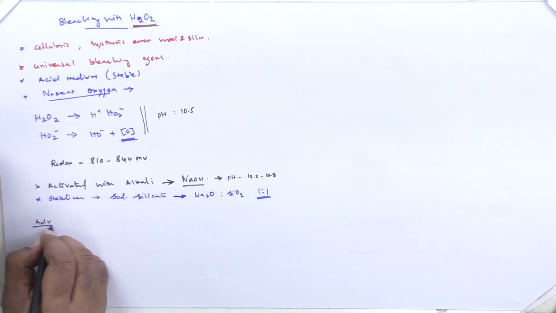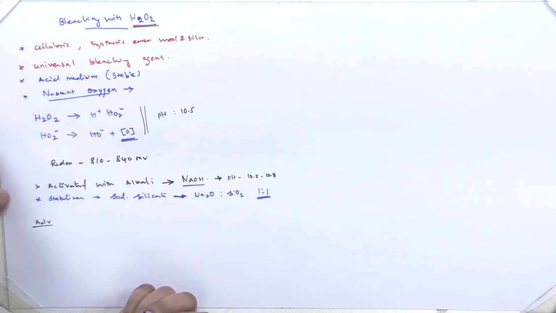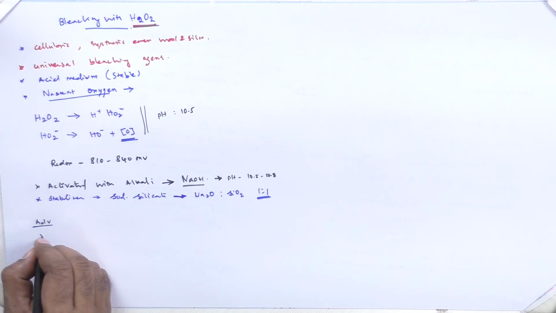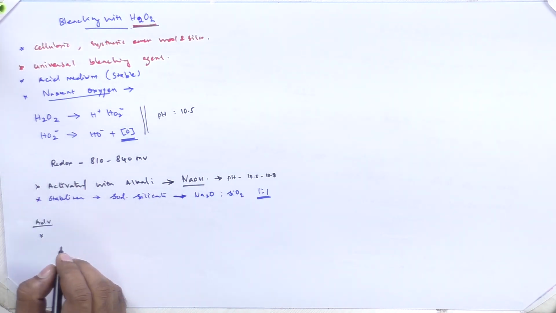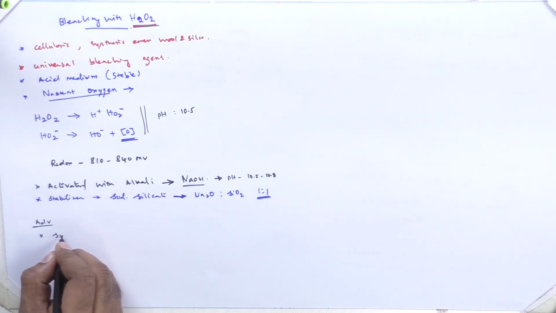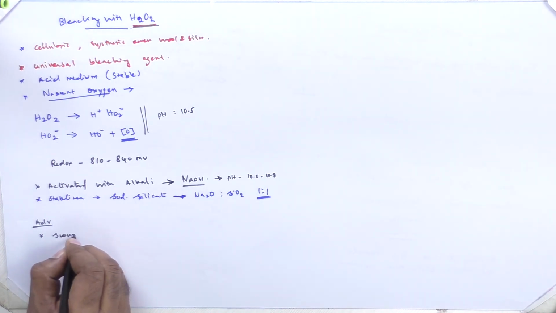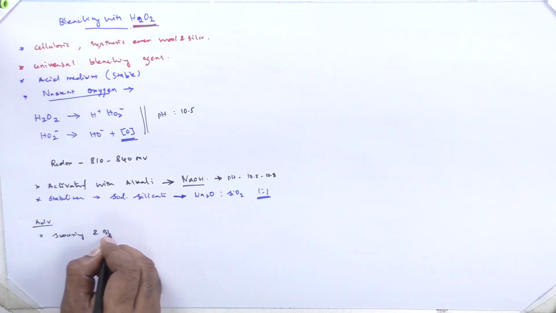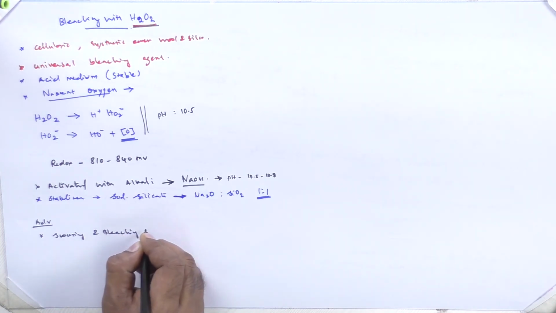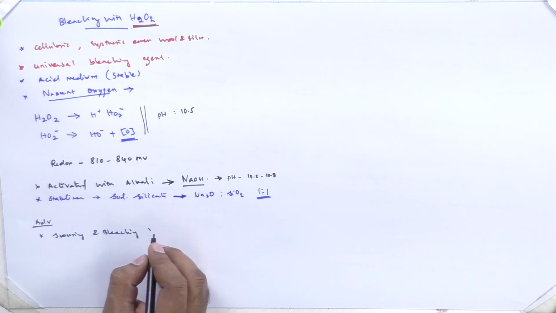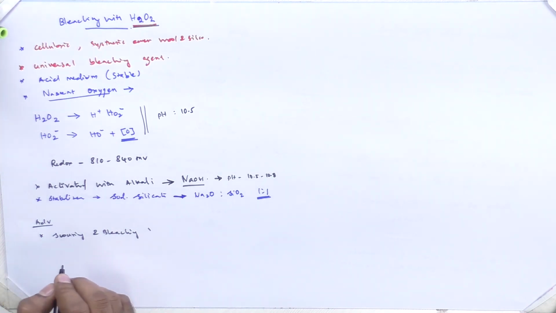The advantages of hydrogen peroxide bleaching: you can combine the scouring and bleaching process in a single bath or single step.